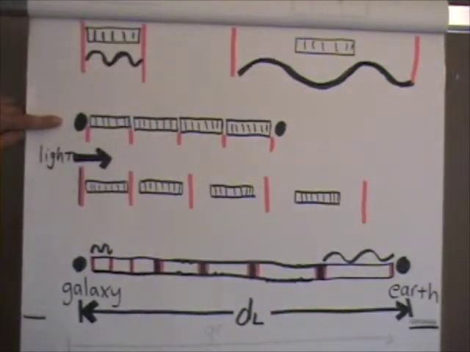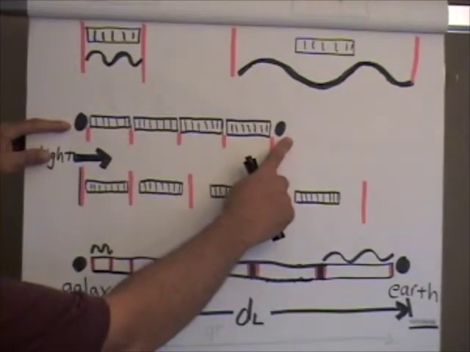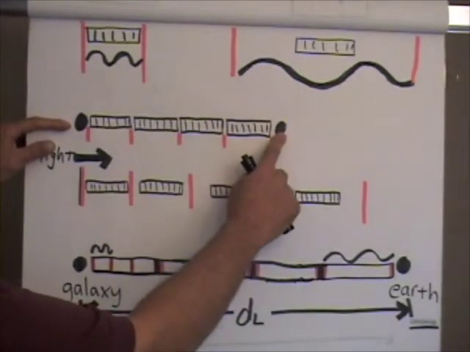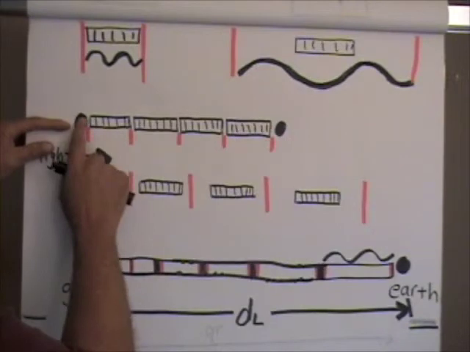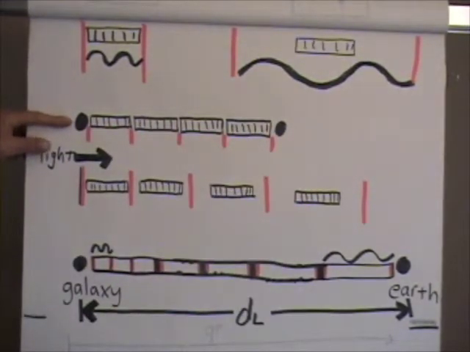Now we can represent a galaxy and the Earth at a point in time, and we measure the distance by laying out a number of meter sticks all along. Here are the meter sticks that measure the distance at one point in time.